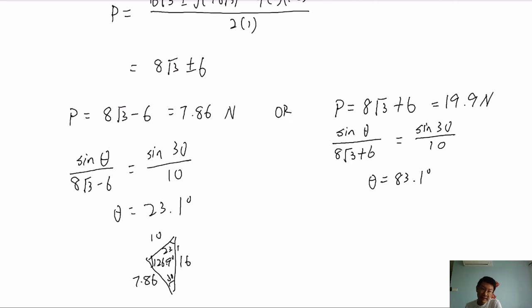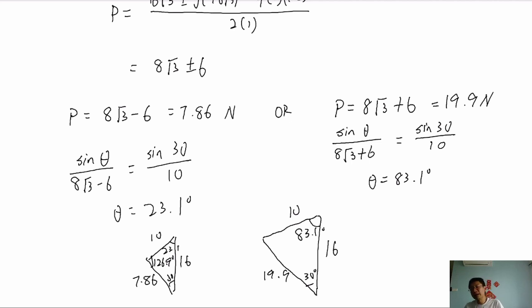It seems like this is the answer already, but let's check whether this triangle looks logical or not. Again, this side is 16, and the theta that we have is 83.1, then here the length is 10, and here we have a 30 degree angle, and this length is 19.9.